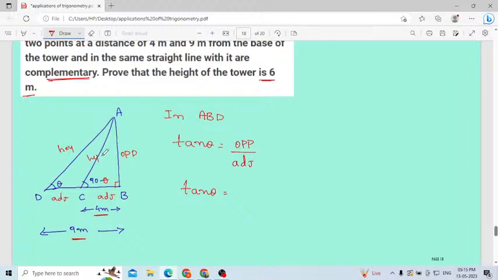Tan theta is opposite, which we don't know, so write it as AB only, divided by the adjacent, 9. Then tan theta is AB by 9, so AB is equal to 9 tan theta.